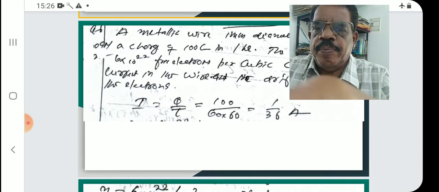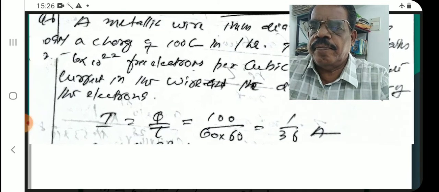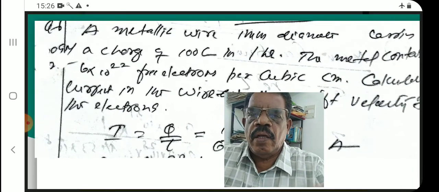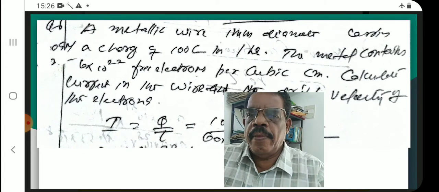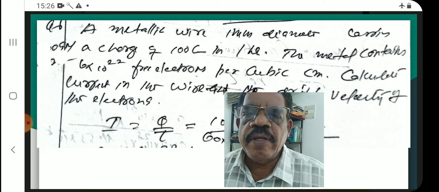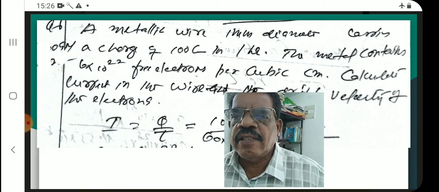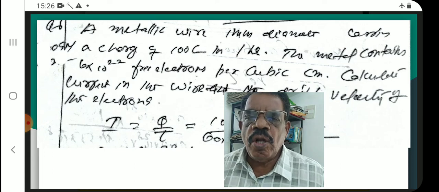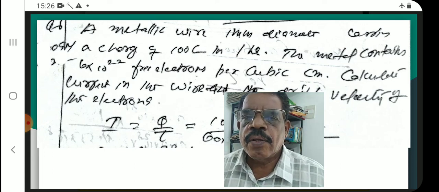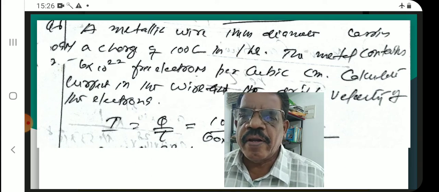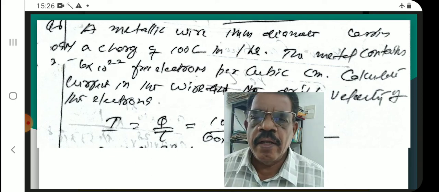Now we can see problem number 6. A metallic wire 1 millimeter diameter carries a charge of 100 coulomb in 1 hour.